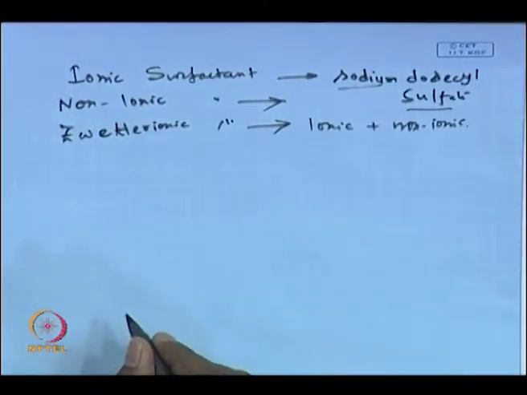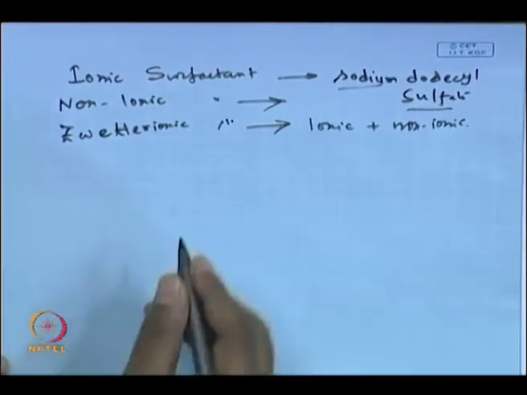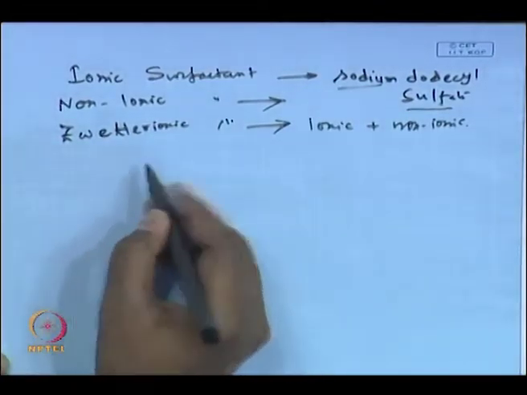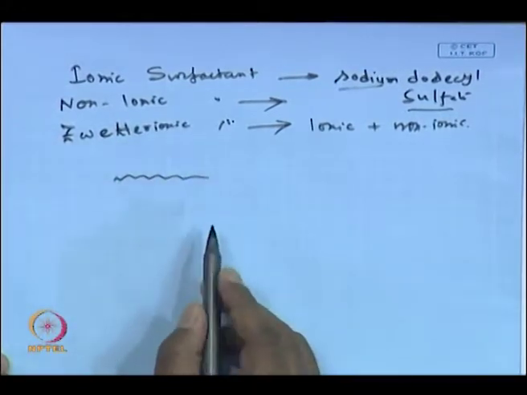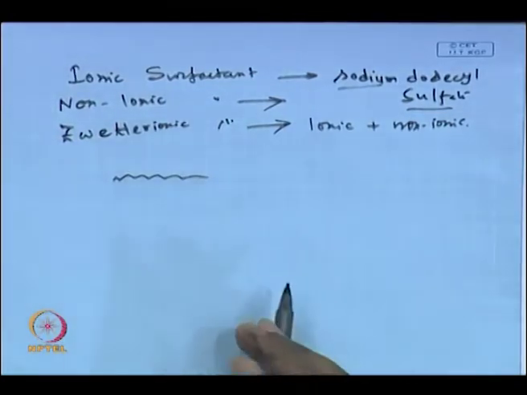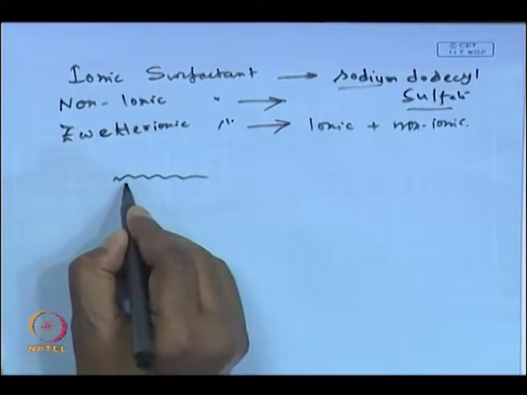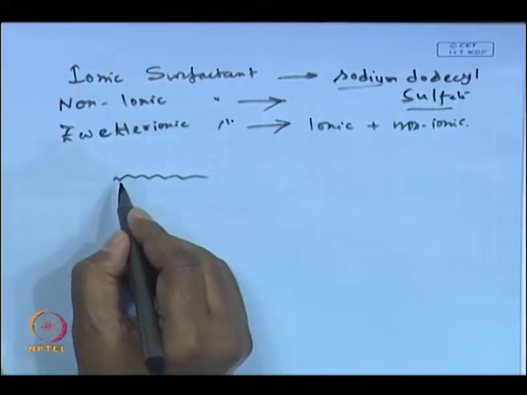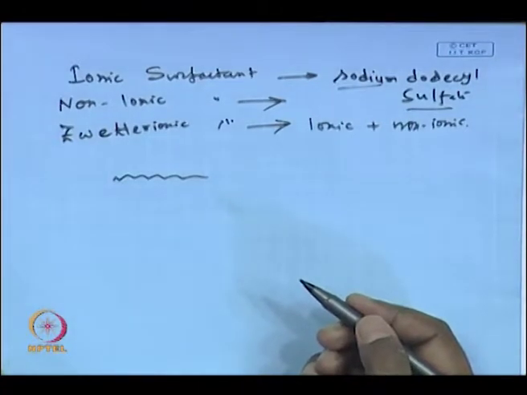Now, there are several properties of the surfactants which lead to the separation of solutes. For example, if you have a bucket of water, let us say, and you put some surfactants, then the surfactant head groups will be water loving, the hydrophilic groups, and the surfactant tail groups will be hydrophobic, they do not like water.